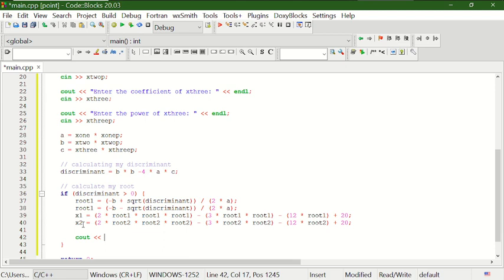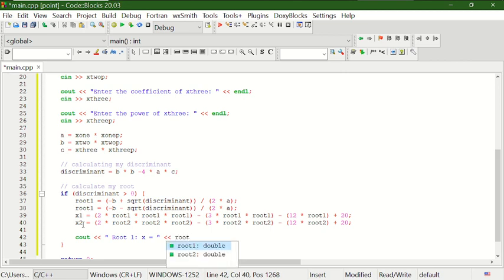Okay, so open and close quotation. So you say root 1, then x is equal to what? Let's say x is equal to the root 1 itself.